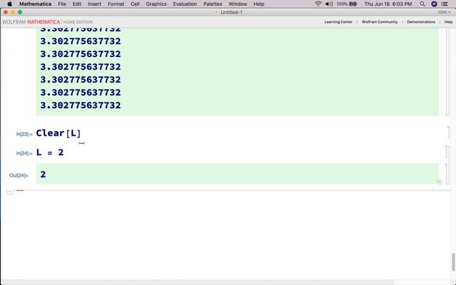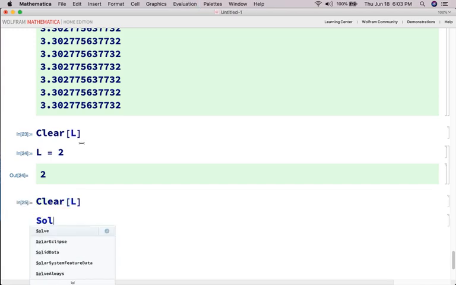Okay, let's clear L. Solve L equals 3 plus 1 divided by L, and the variable that I'm solving for is L.